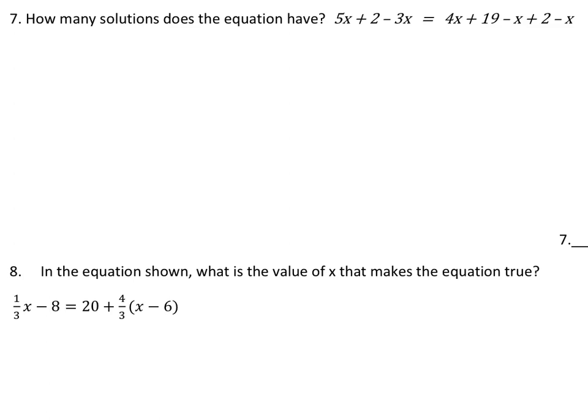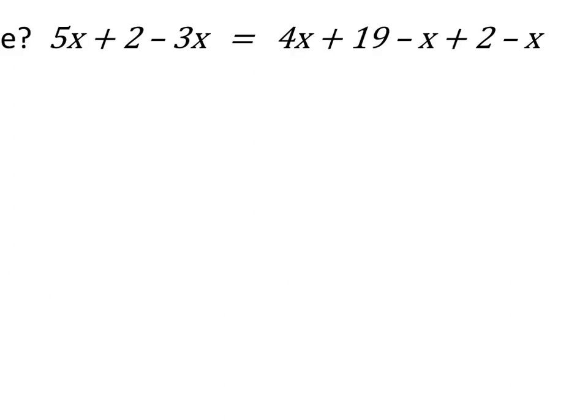Alright, number 7 is not asking for the solution to the equation. It's asking how many solutions does the equation have. So I do want to split this up into two separate expressions, and I'm going to start combining like terms. For example, I've got this 5x and this negative 3x, which would combine to be positive 2x's.